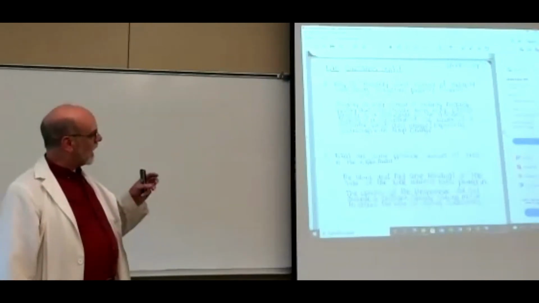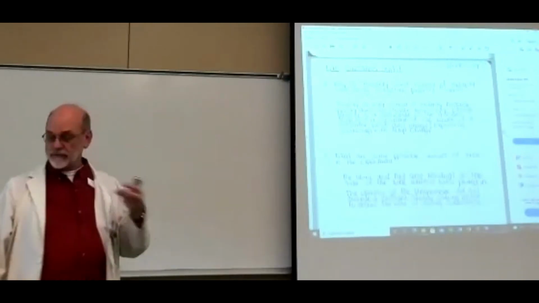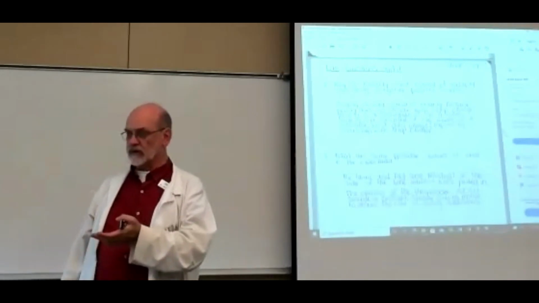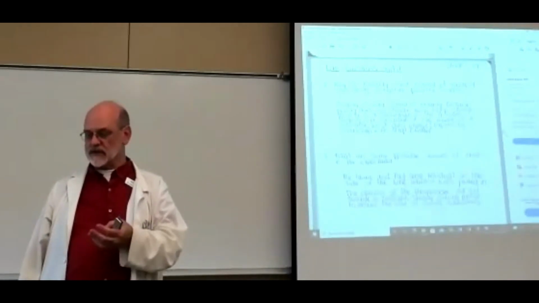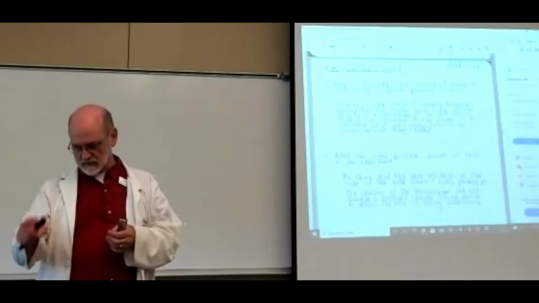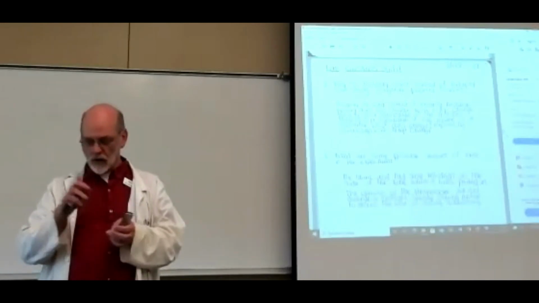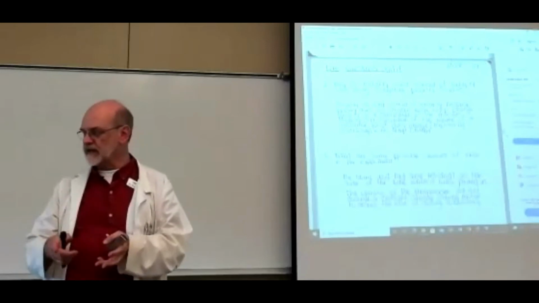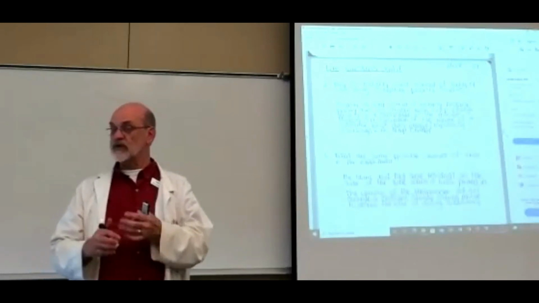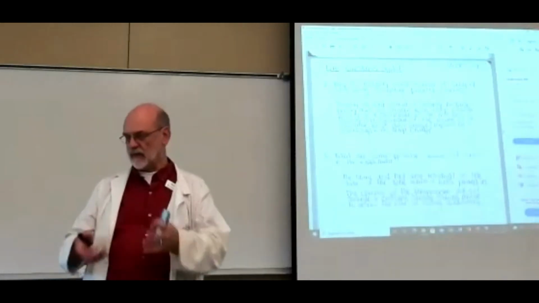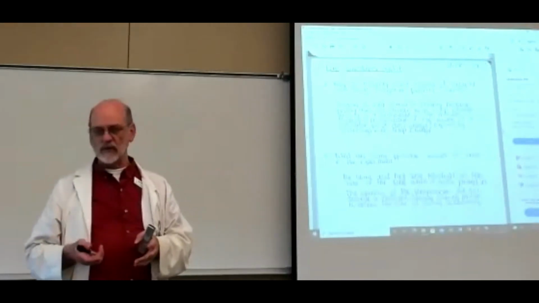So we need to go now. And the first time I look at your notebook, first time I check it, I just want to see the basic stuff, like the type, the information on the cover, all the pages numbered, table of contents. And if we're set to do an experiment that day, have it set up in your lab notebook.